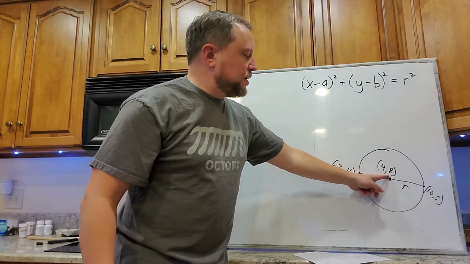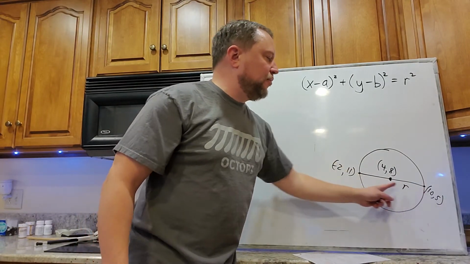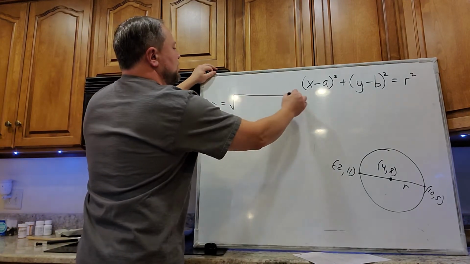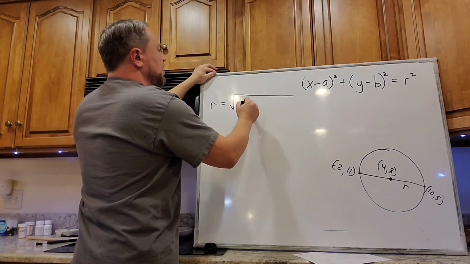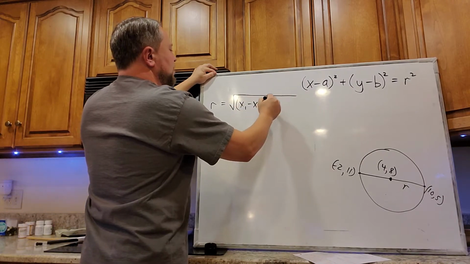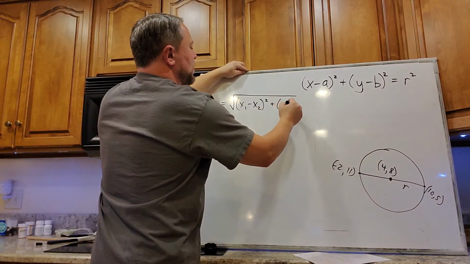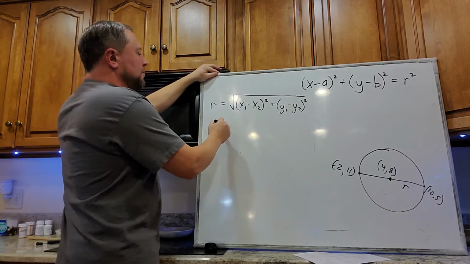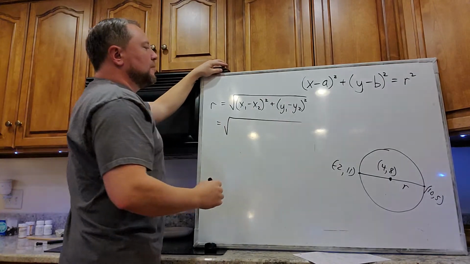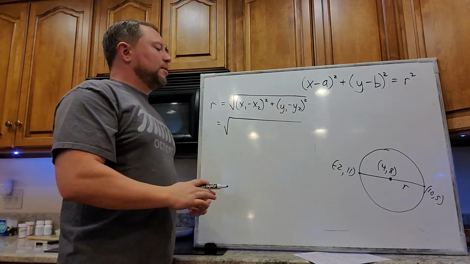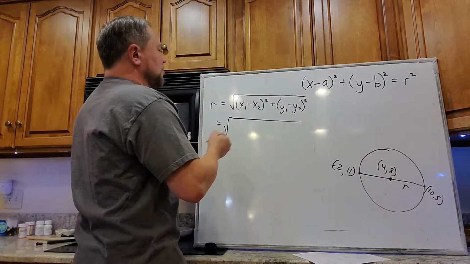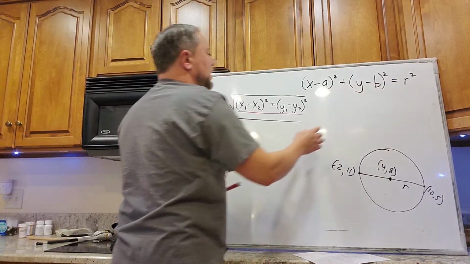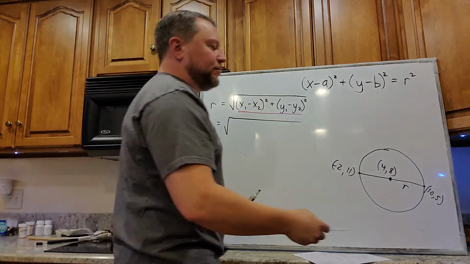Now that I know where the center point is, I can use the distance formula again to help me find the radius. So the radius is going to be equal to the square root of (x1 minus x2) squared plus (y1 minus y2) squared. I'm going to figure out everything underneath the square root, because in the end that's all I'm concerned with, since r squared is equivalent to what's underneath there.